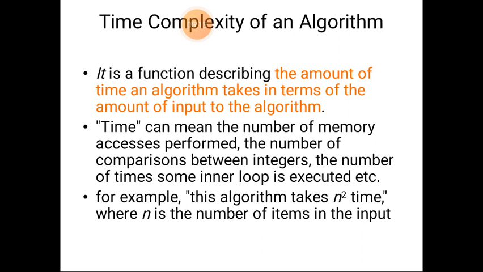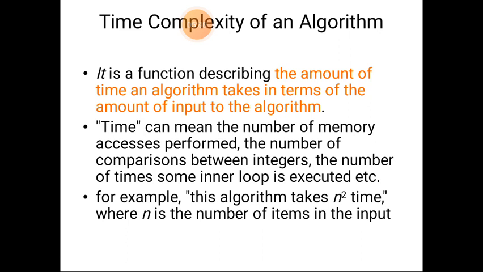What is the time complexity of an algorithm? It is a function describing the amount of time an algorithm takes in terms of the amount of input to the algorithm. Time complexity means the amount of time required for the algorithm to complete its execution.